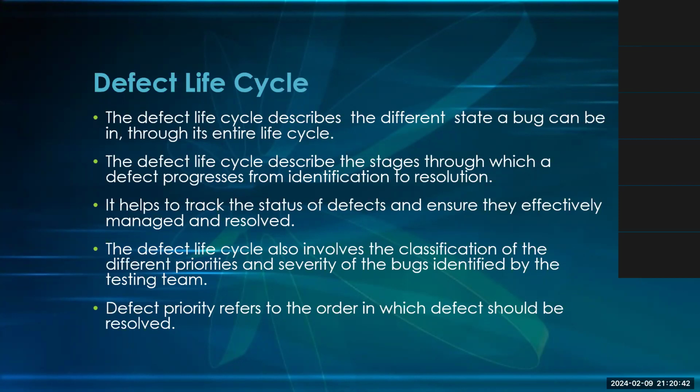Those two things are something that you should always have at the back of your mind as a tester. Defect priority refers to the order in which defects should be resolved. I'll move to the next slide if that's okay.